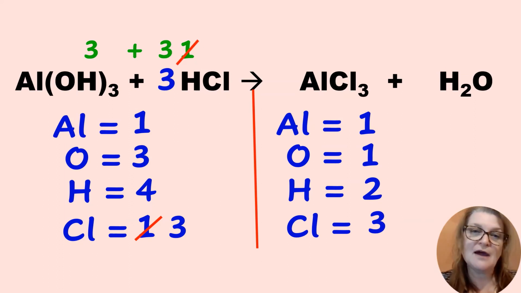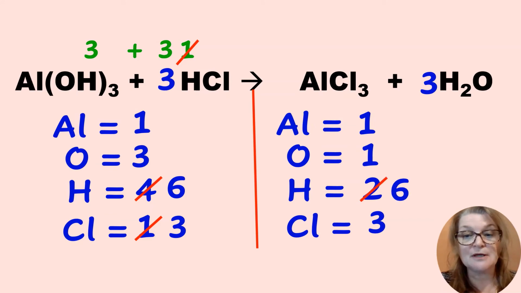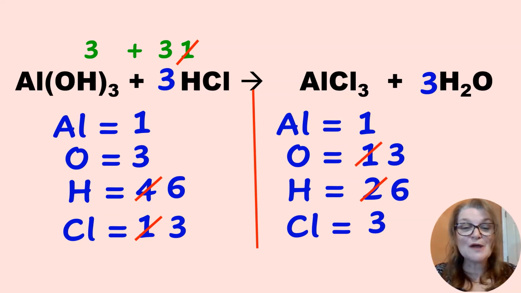And we already had 3 hydrogen in the other compound, so 3 plus 3 is going to give us 6 hydrogen. Now to get 3 oxygen on the product side, we'd have to put a 3 coefficient in front of the H2O, which changes the oxygen to 3, but it also changes the hydrogen to 6. So now as we carefully compare the left and right hand side of our inventory, we see that every single element is balanced on both sides.